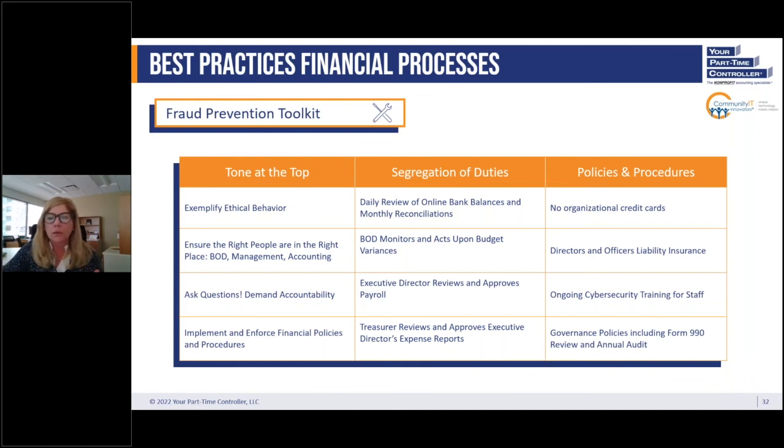Segregation of duties, of course, is really important. This first one, the daily review of online bank balances and monthly reconciliations, we make that recommendation for all of our clients. And you should always be doing this to make sure that there aren't any bank errors, but especially in this time of cybersecurity, we have clients who actually were able to, with this daily review of the online bank balances, identify and find fraud and stop it before it was too late.